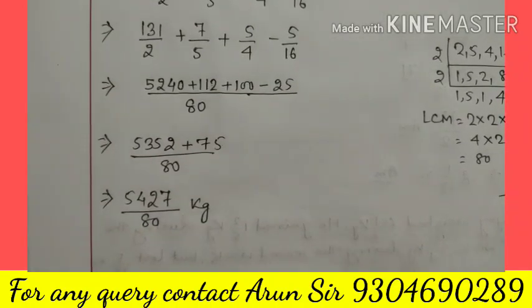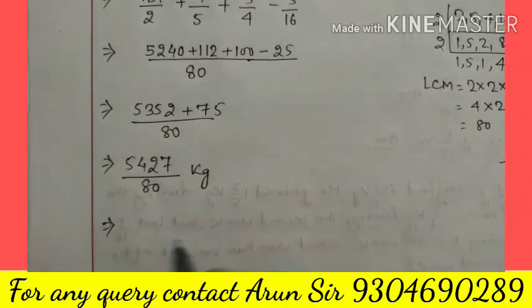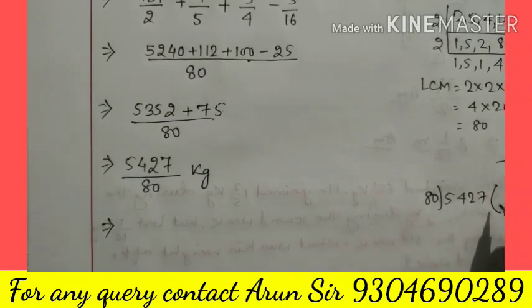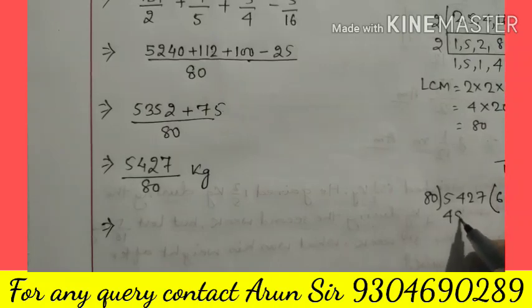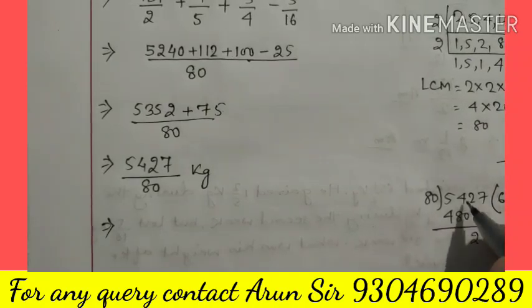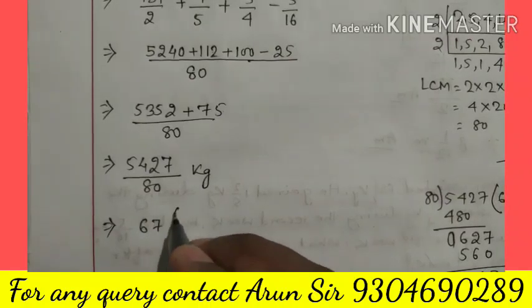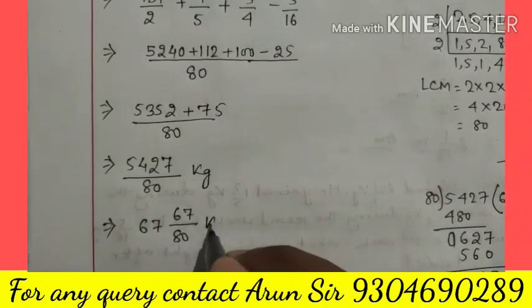You can leave your answer here, or if you want to convert it into a mixed fraction, we will convert it. 5427 divided by 80: 8 sixes are 48, 8 sevens are 56, it will be 67 whole 67 by 80 kg.